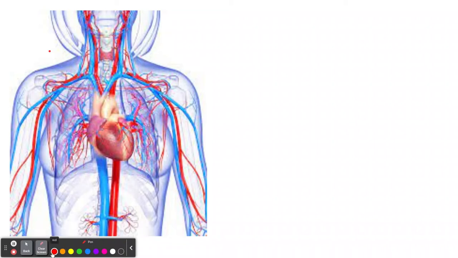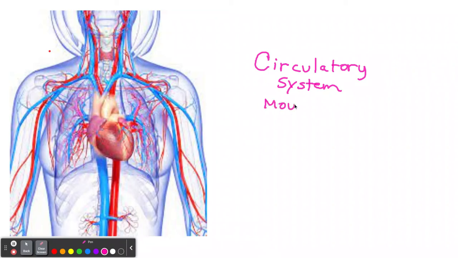And so this whole process here is all part of the circulatory system, which moves the blood. From the heart, it's circling all over the body, and it comes back to the heart in about 45 seconds.